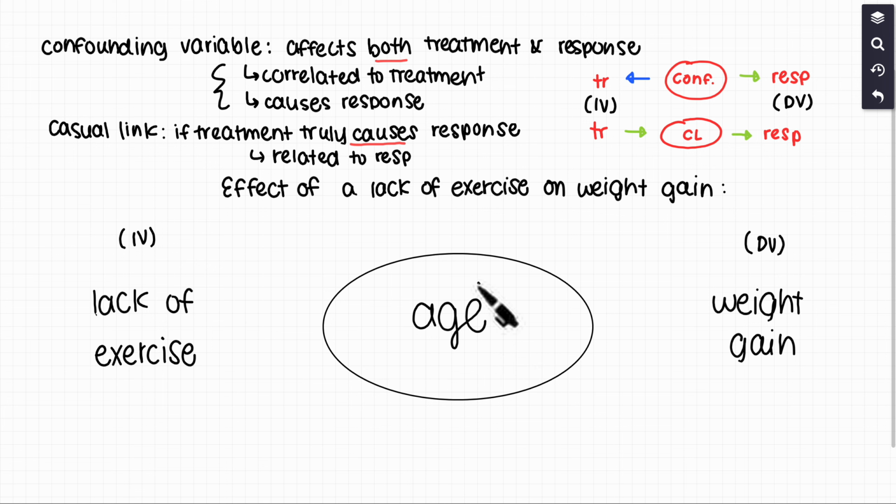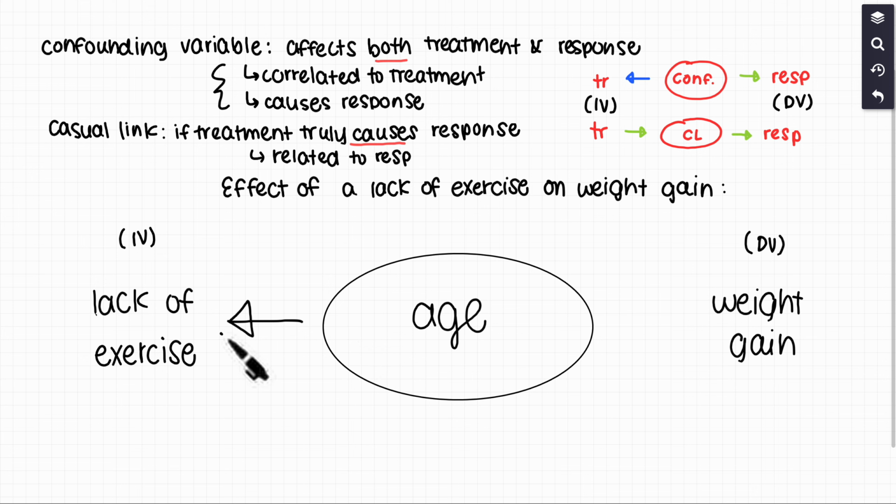All right, so your age can affect how much you exercise. For example, older people may do less exercise because they may find it harder to move around. So that's how age is correlated with a lack of exercise, because older people may not exercise as much, as it may put too much stress on their bodies.